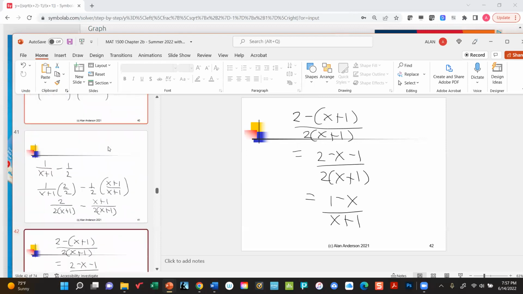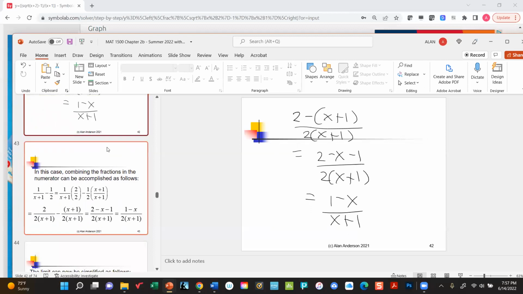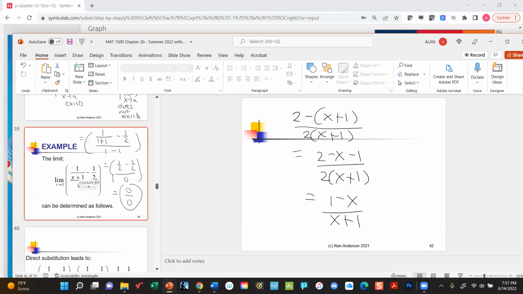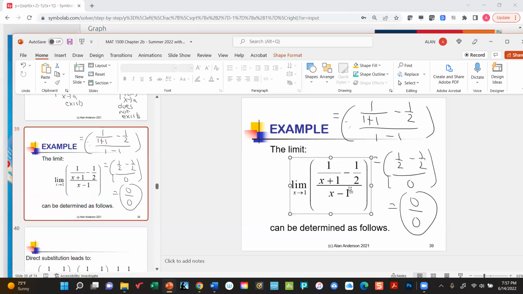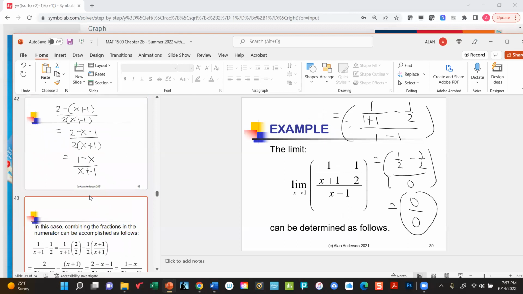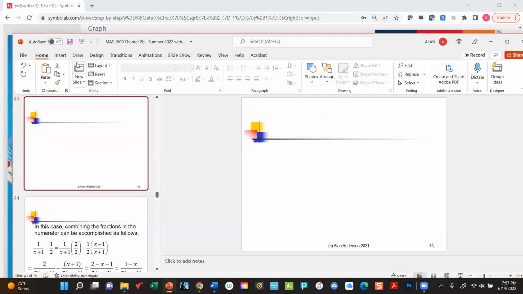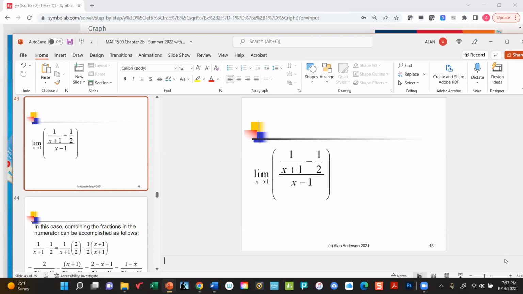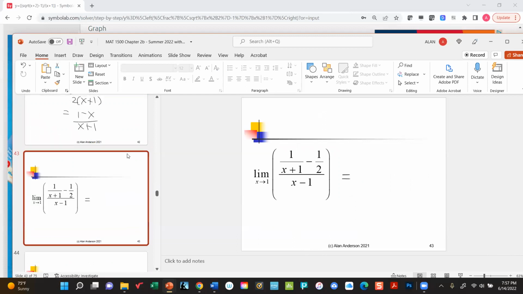Now, here we have to be super careful with this thing, because the original function is this. Let me move this down here real fast. So we just got through determining that the numerator is 1 minus x over x plus 1. The denominator hasn't changed.